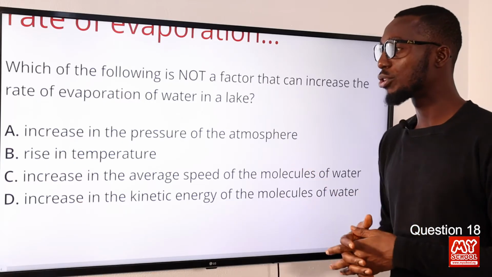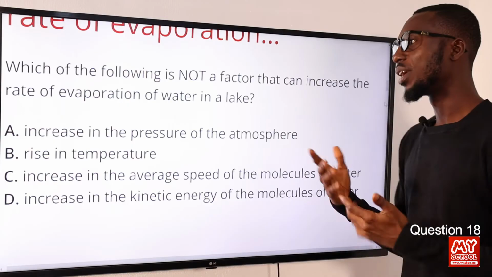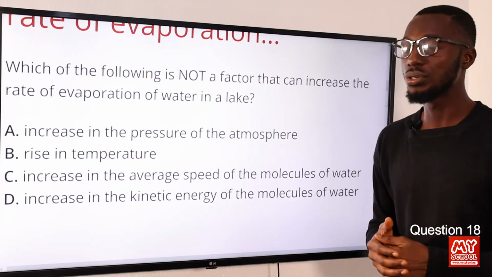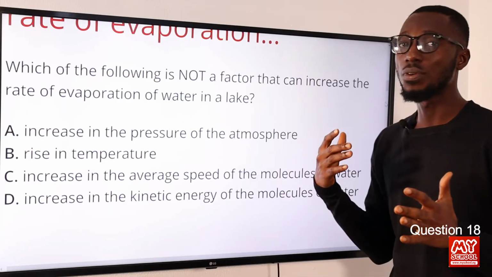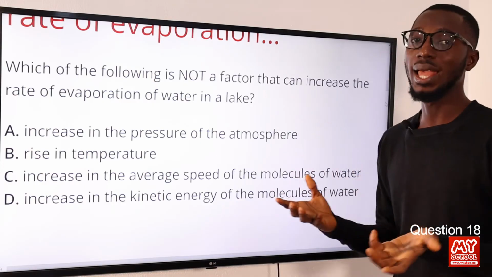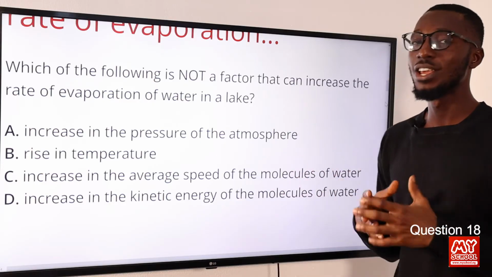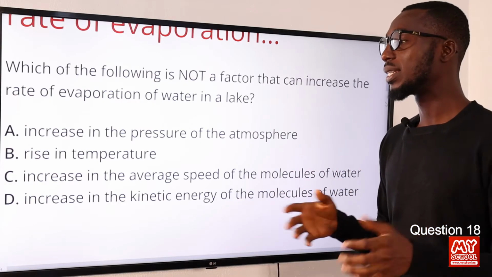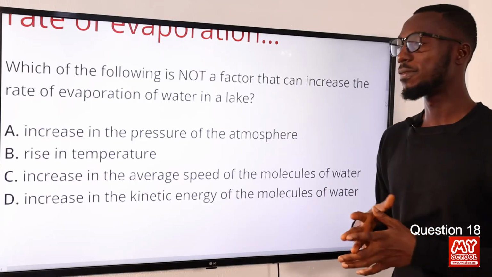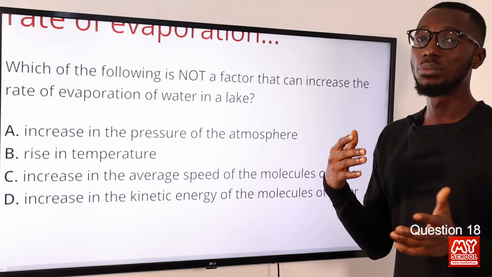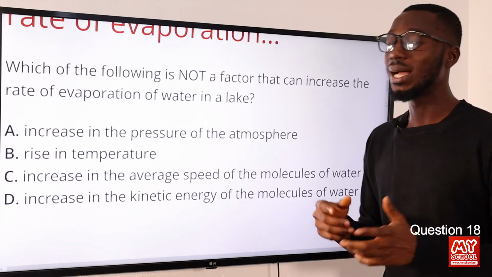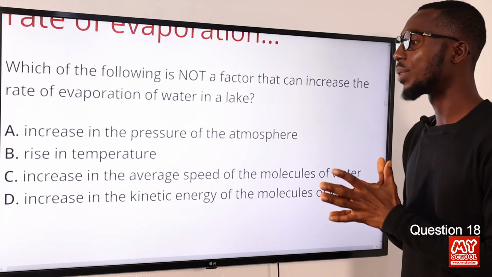An increase in temperature will increase the rate of evaporation. The movement of wind, and the drier the air, just like Harmattan season, you realize that your clothes being spread get dried faster.